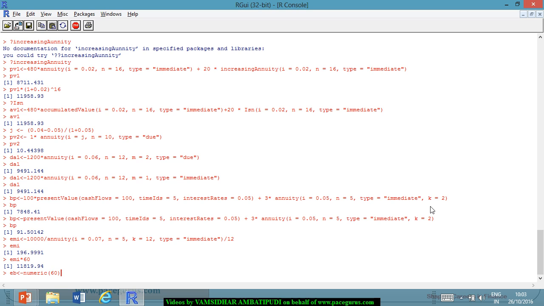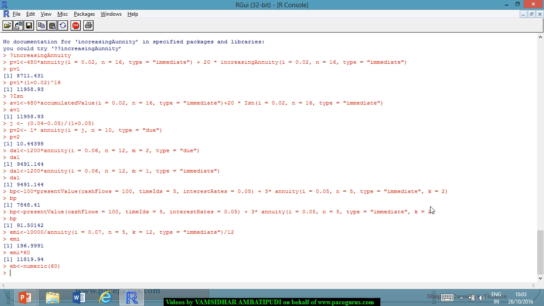It's an array containing 60 observations. So for each period, I want to consider one ending balance. So I'm taking the ending balance as one numerical variable.